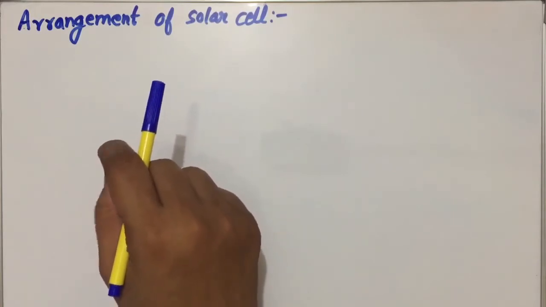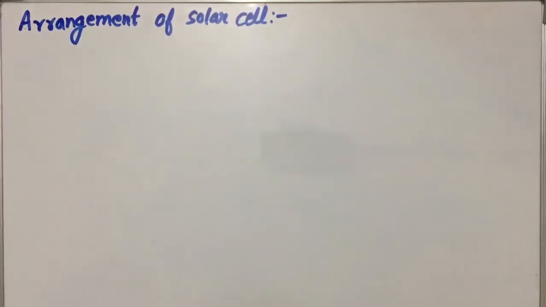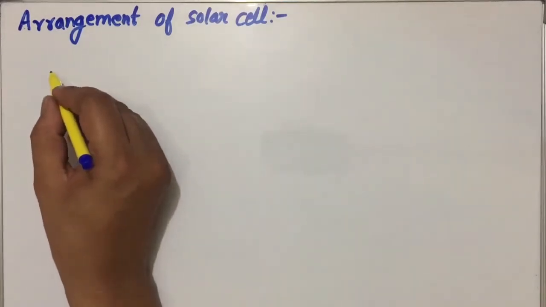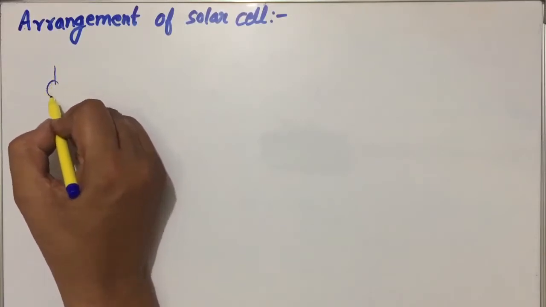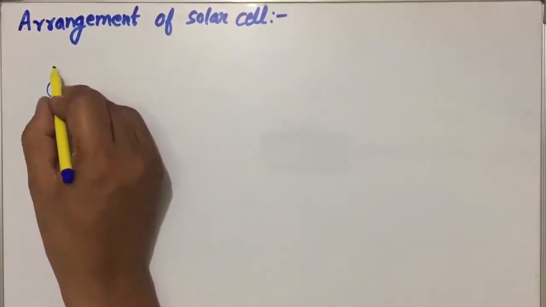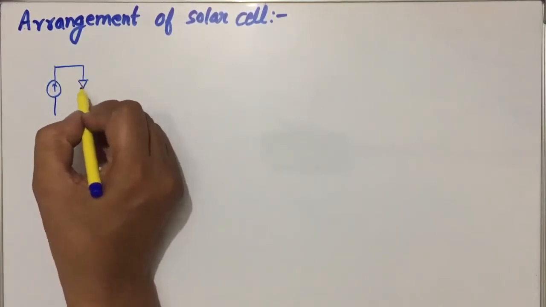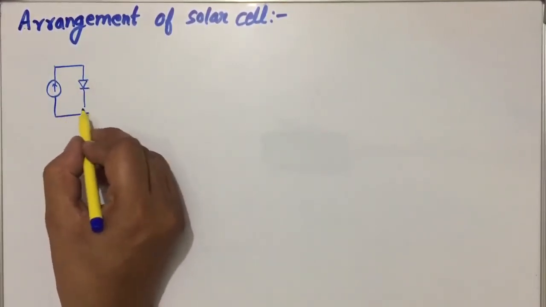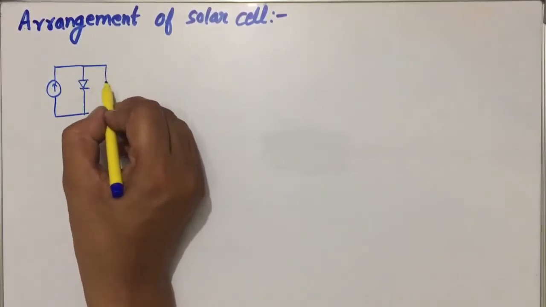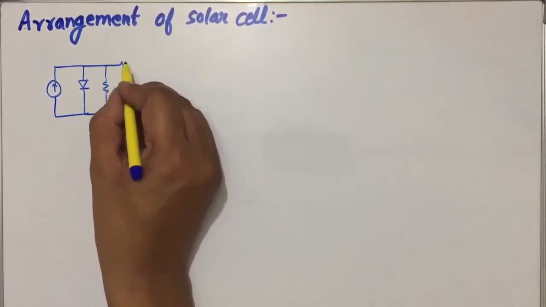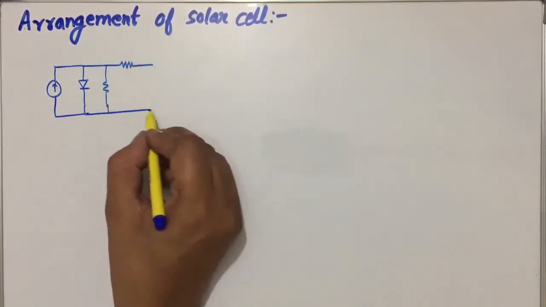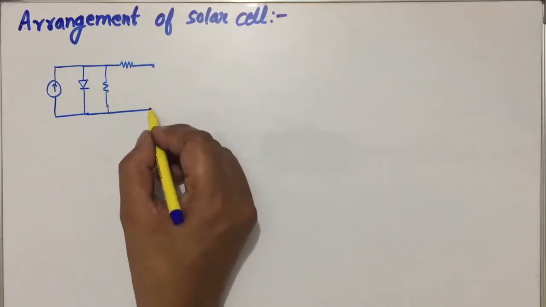So let us connect two panels in series and try to find what will happen there. We can present this in terms of the equivalent circuit that we have discussed already. So the one equivalent circuit that we can have: R shunt, R series, and the load.